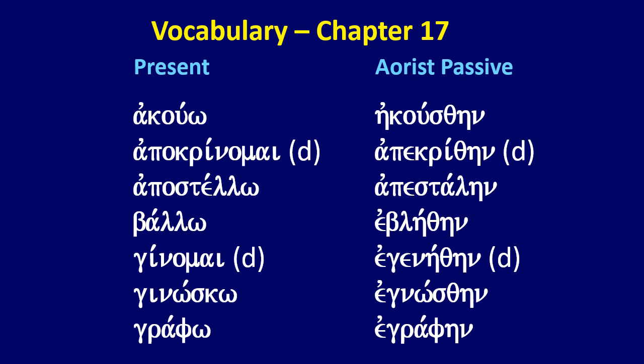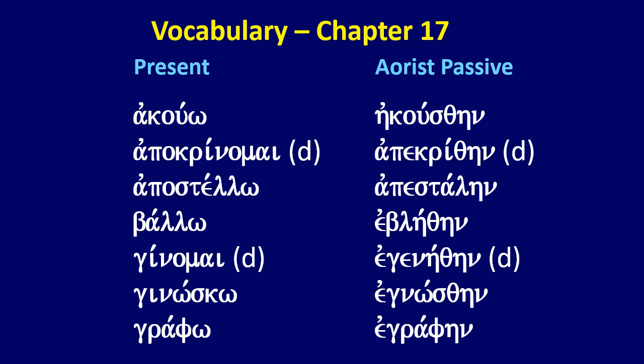And there's also a stem change involved from apostello. Those two things, the lack of the theta and the stem change, tell you that this is a second aorist passive form, to be technically correct. Next on the list would be ballo, I cast or I throw, and then eblethein, I was thrown or cast.